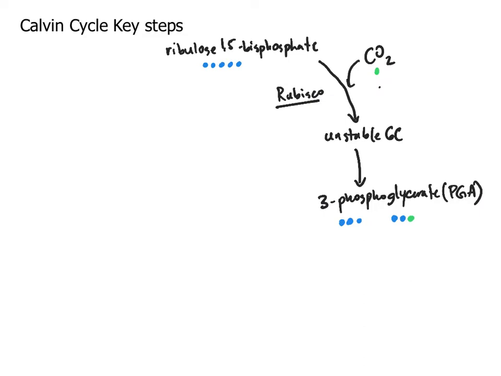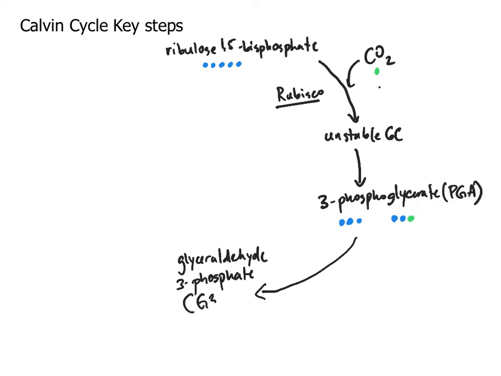So now what we want to do is go from here to glyceraldehyde 3-phosphate. So this is G3P. Here, the key is that it's going to take ATP and NADPH.